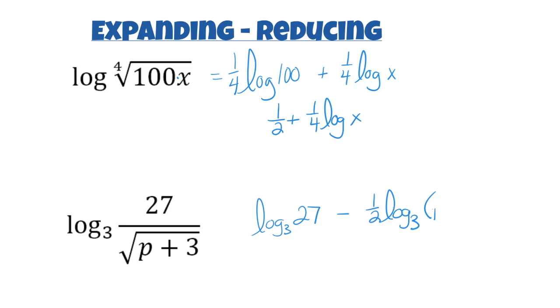And since everything is square rooted, I've got to put this part in parentheses. All right, that part over there is as good as it's going to get. It's got the variable, so nothing else I can do, but this is something we should be able to do in our head. 3 to what power is a 27? That's a 3. All right, there we go.